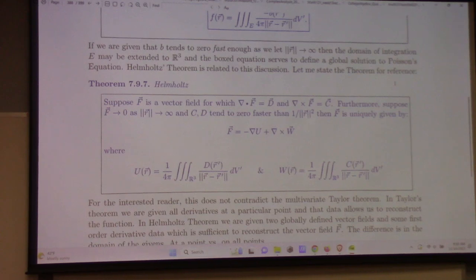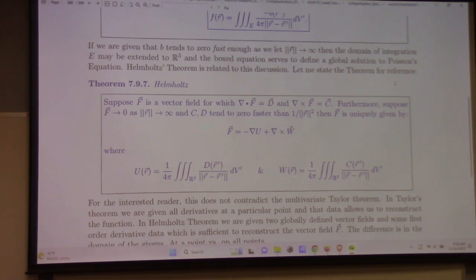Well, is the curl of the electric field 0? Not generally. Right? The curl of the electric field is generally based on the time rate of change of the magnetic field, but in the electrostatic situation, the curl of the electric field is 0. Anyway, so you can find this w over here according to the integral of the curl divided by the distance.